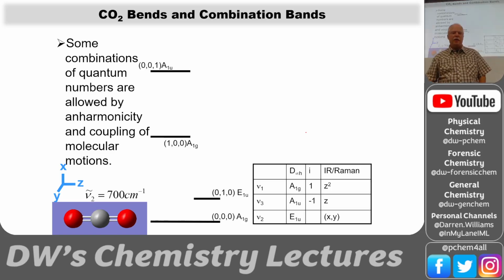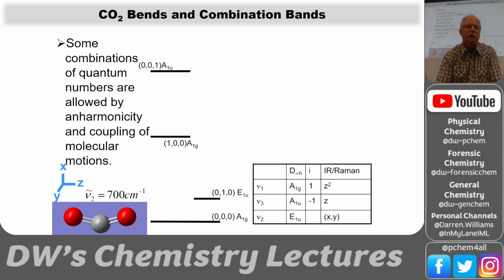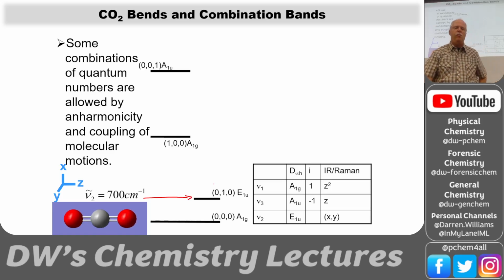But let's look at the combination bands. Here's the bending motion, the 700 wave number motion. And notice how we're keeping track of these motions. We're calling them nu 1, nu 2, and nu 3. We're also showing the quantum numbers. Like the ground state is 0 in each of those quantum numbers.